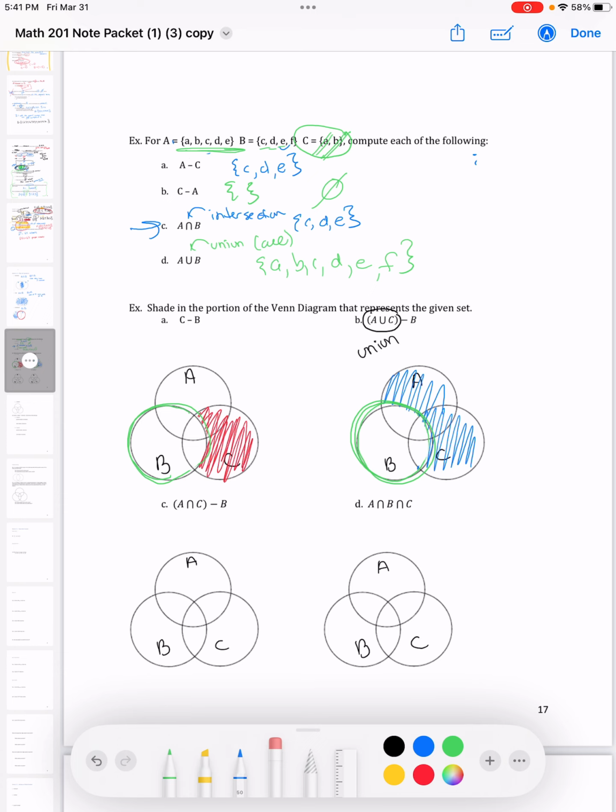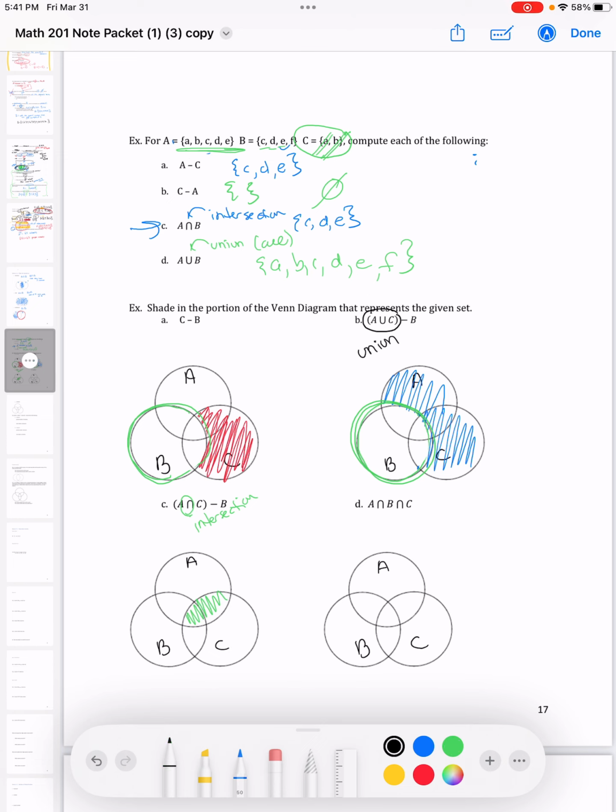All right, I want you guys to try C and D. C and D both use our intersection. Remember, to be in the intersection, you have to be in both, in this case, like A and C. So you would have to be in the tiny part that overlaps with A and C. For instance, the intersection of A and C would be this part here.